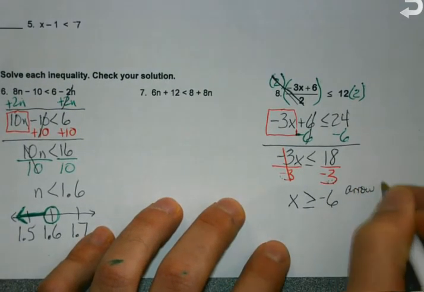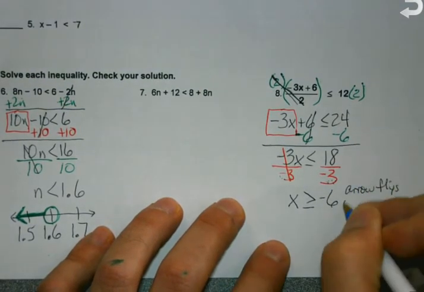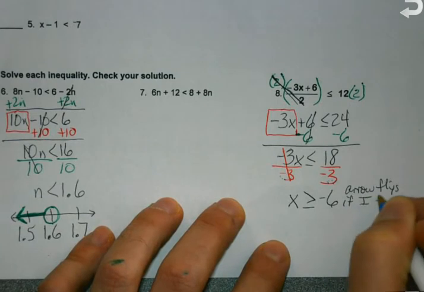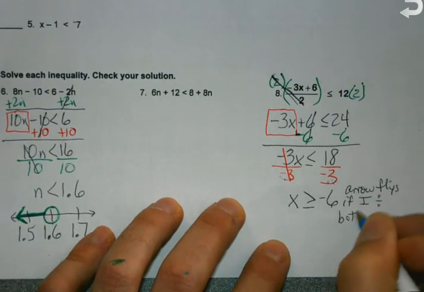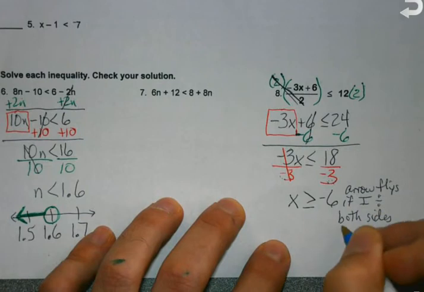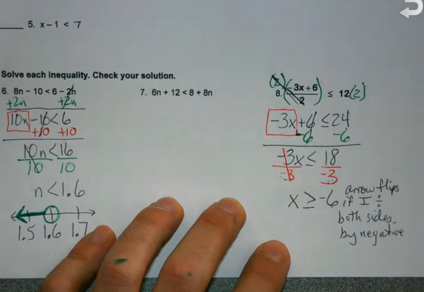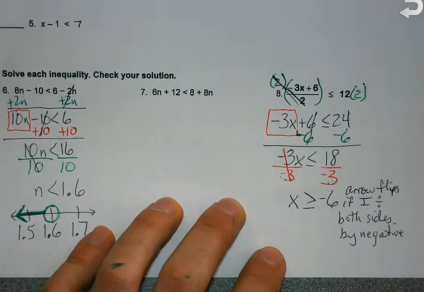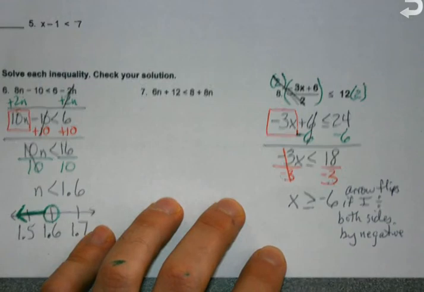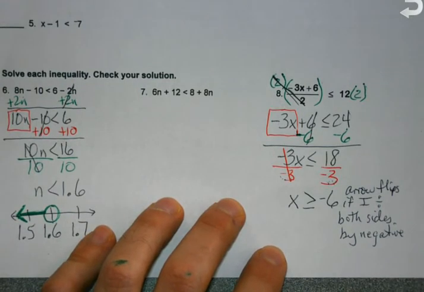So the arrow flips if I divide both sides by a negative. Flips. My P got a little smush.